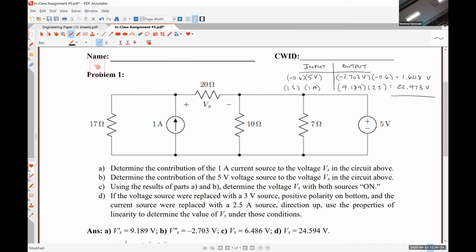So we simply add these two numbers together. 24.594 volts. We did no circuit analysis whatsoever, but I absolutely guarantee you that if we simulated this circuit or went through it, we would get that exact result. That is the beauty of a circuit being linear.